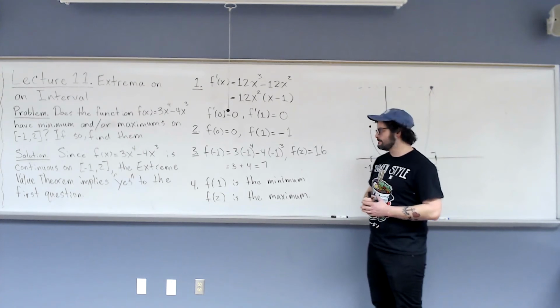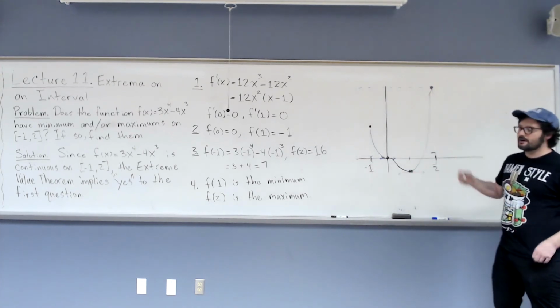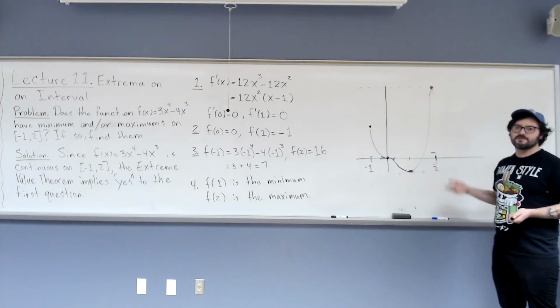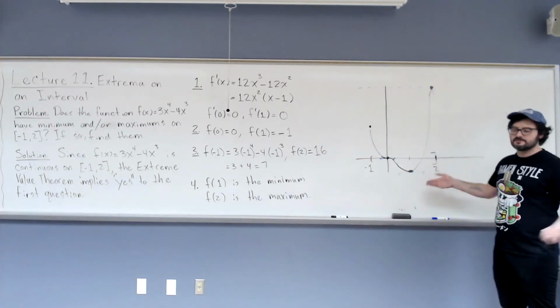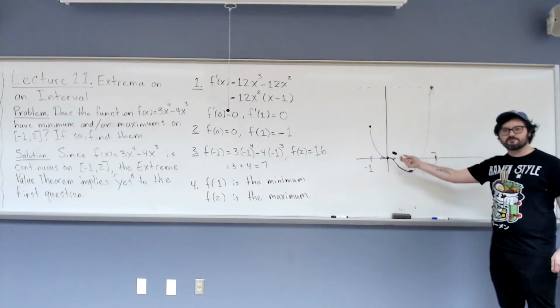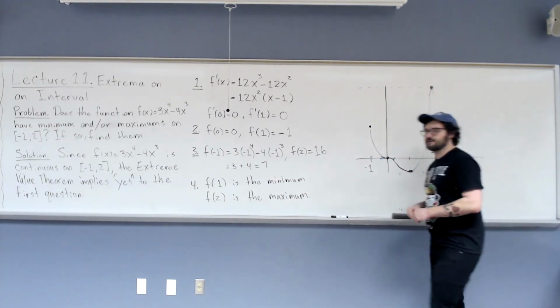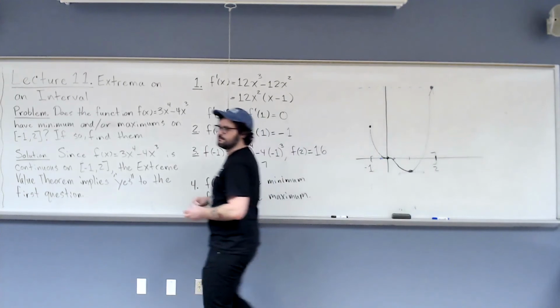So basically, it's just finding y. Yeah, it's finding the output, right? The y value is what we're concerned with, the minimum, maximum values of the function over this interval. Maximum, minimum, and we also got some information about the shape by looking at the slopes of the tangent lines given by that. Right?